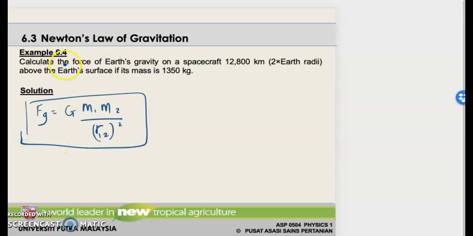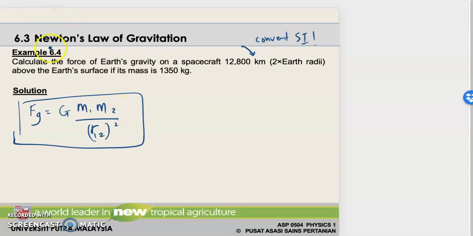The question is asking, calculate the force of Earth's gravity on a spacecraft that is 12,800 kilometers, which is twice the Earth's radius, above the Earth's surface, if its mass is 1,350 kilograms. The distance is in kilometers, so you need to convert it to meters. Convert to SI units. I failed to mention that earlier. You always have to convert to SI units: mass in kilograms and distance in meters.